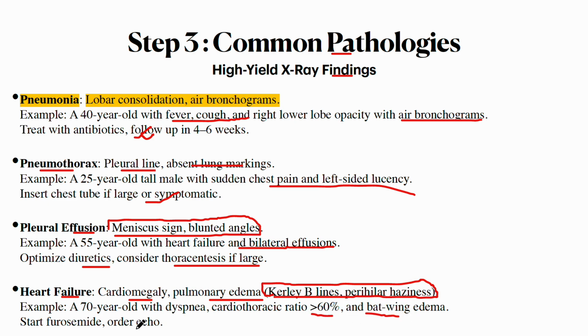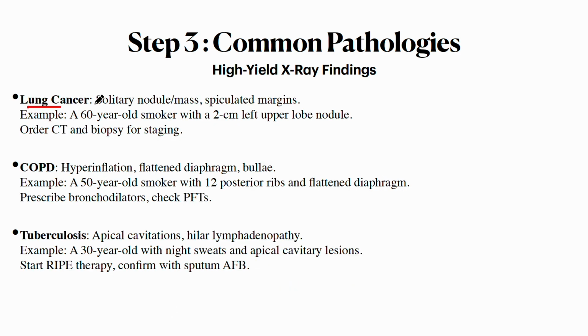We have to start furosemide and order an echo. In lung cancers, there can be a solitary nodular mass or multiple nodules and also spiculated margins. A 60-year-old smoker with a 2 centimeter left upper lobe nodule, we have to order CT and biopsy for staging of the cancer. And in COPD, there can be hyperinflation, a flattened diaphragm, and also bullae.